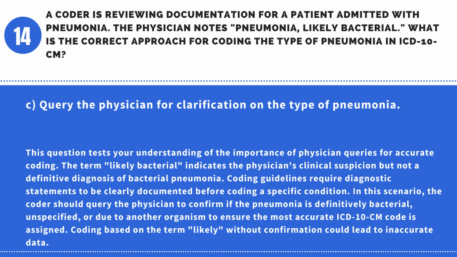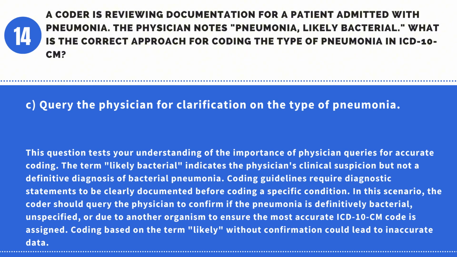Answer: C. Query the physician for clarification on the type of pneumonia. This question tests your understanding of the importance of physician queries for accurate coding. The term likely bacterial indicates the physician's clinical suspicion but not a definitive diagnosis of bacterial pneumonia. Coding guidelines require diagnostic statements to be clearly documented before coding a specific condition.